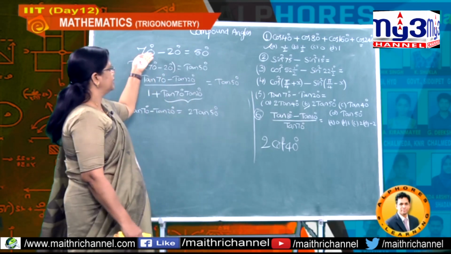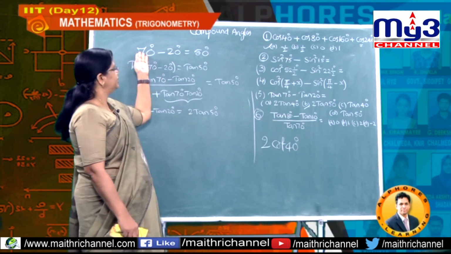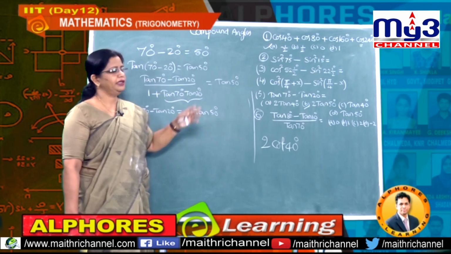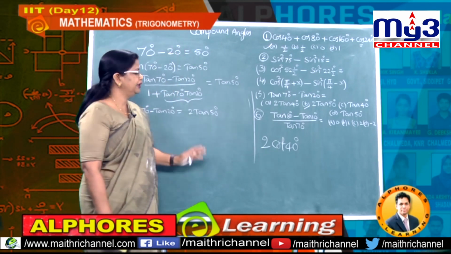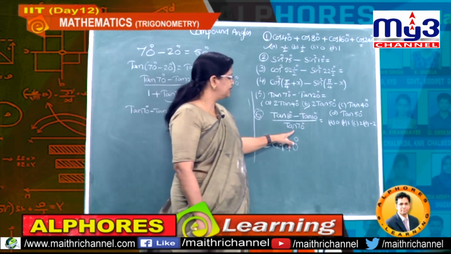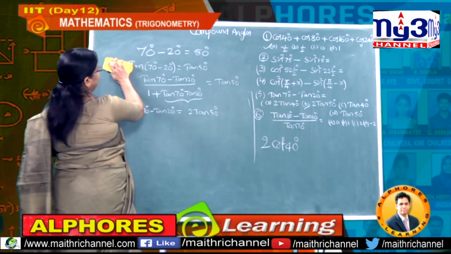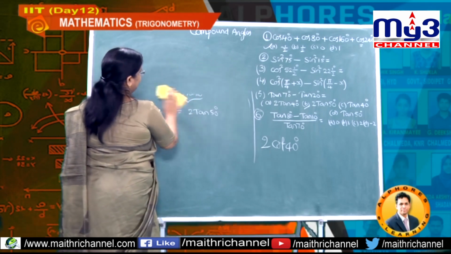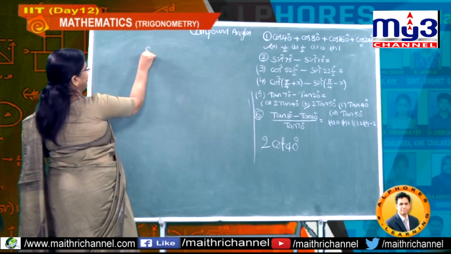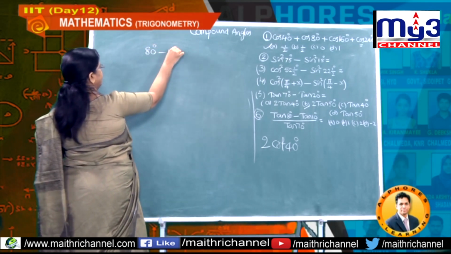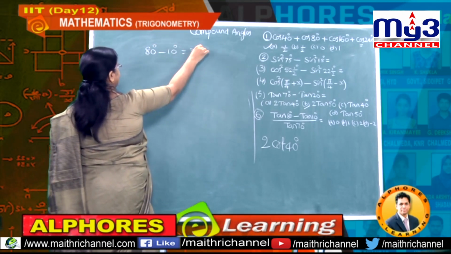So we proceed in the same way, right? So this is 80 degrees minus 10 degrees, what is the value? 70. Then automatically what is your answer? It is nothing but 2. Understand? So we have taken the complementary combination here, that is nothing but 80 degrees minus 10 degrees equal to 70 degrees.